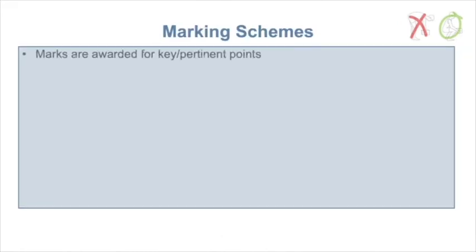Back to marking schemes now, and I might have mentioned this before, but just to be really clear, marks are awarded for key pertinent points. Sometimes it has to be those words. For example, if you were explaining the taxation of a personal pension payment in retirement, then any income is going to be subject to income tax, and there's no other word for income tax. So that's where it has to be a certain word or phrase. But there are other questions where your answer can just mean what the key word on the marking scheme is.